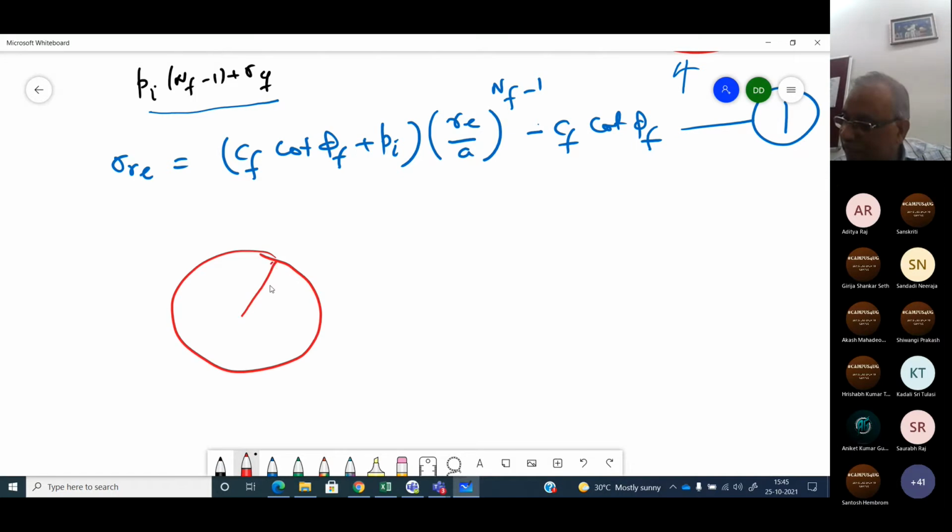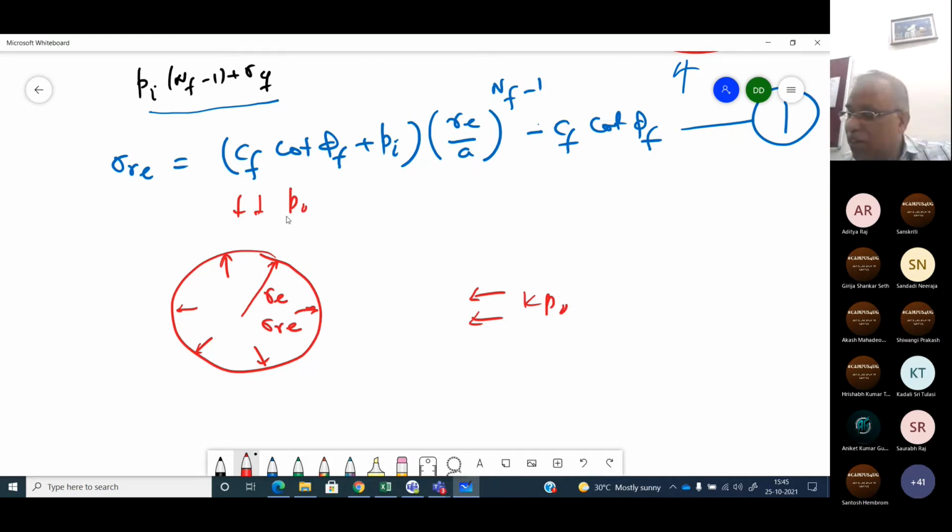Let's say this is RE, and there is an internal radial stress sigma RE. There is a K P naught and here is a P naught.